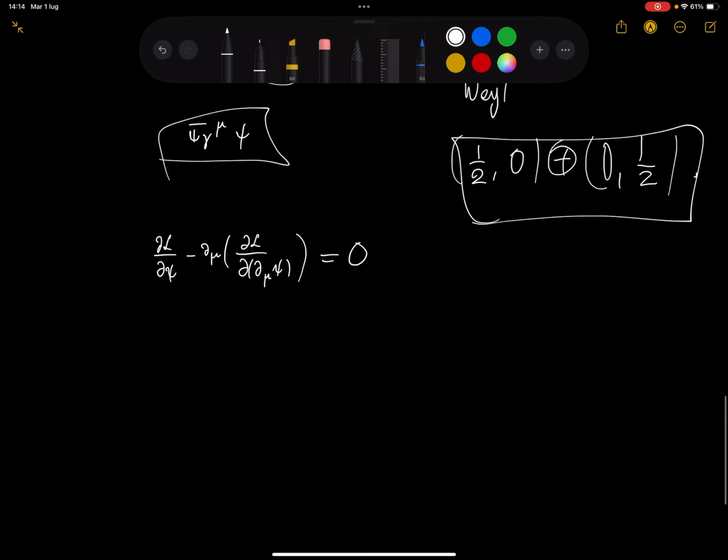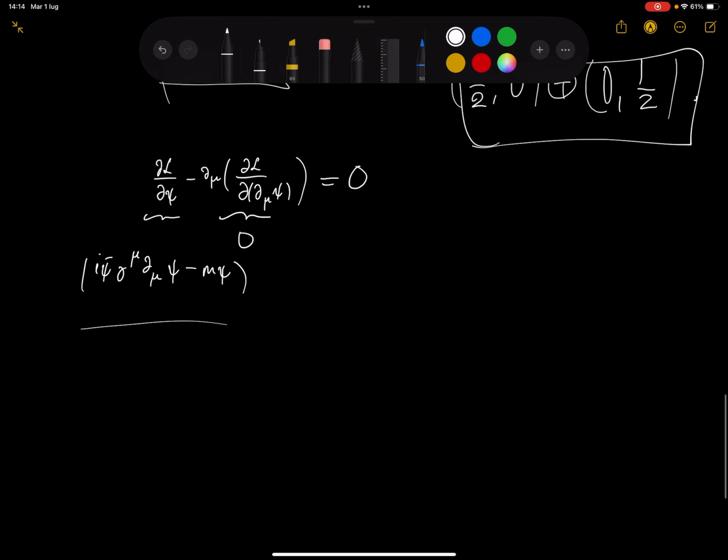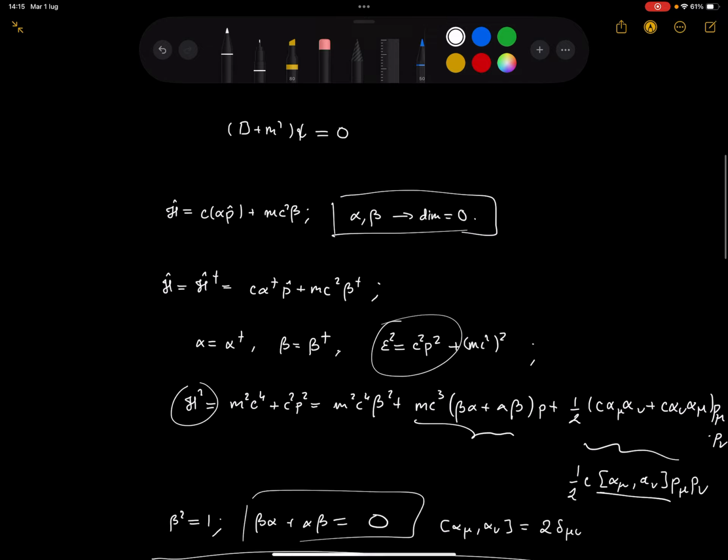It's equal to 0. This term is equal to 0. This term yields precisely the Dirac equation. Yeah, so we're operating in natural units. Right. Yeah, that's basically it. That's all I wanted to do.